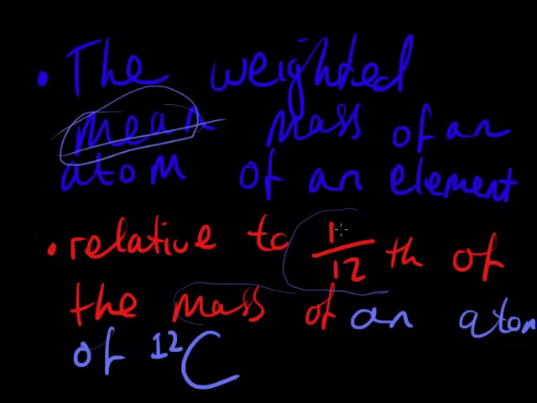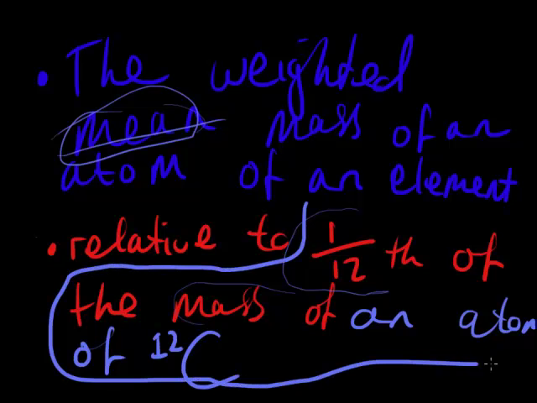Now, this quantity here, 1/12 of the mass of an atom of carbon-12, is often represented by the symbol u, and that symbol u means atomic mass unit.